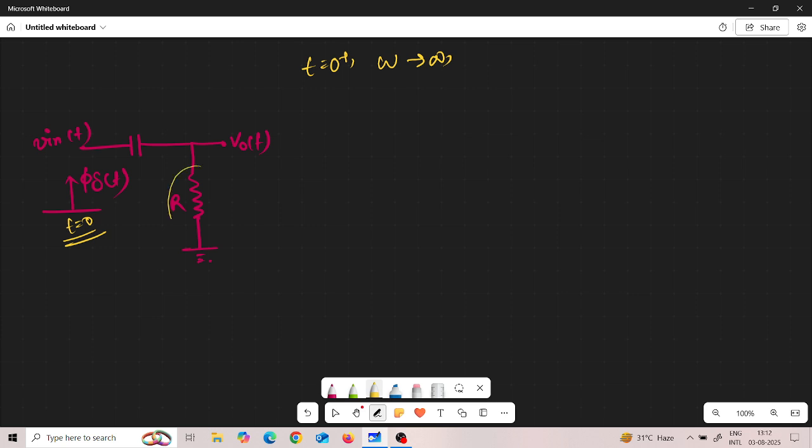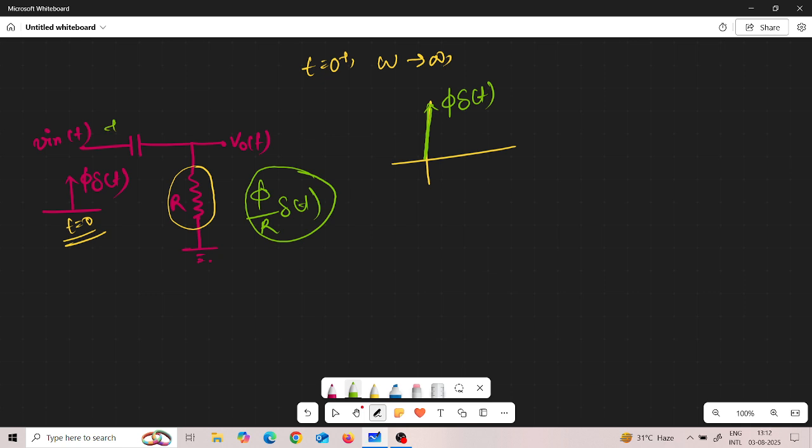So the total voltage will appear across the resistor. Initially this high amount of voltage, the impulse of voltage Φδ(t), will appear across the resistor. Then the resistor will generate a current. What is the value of the current here? Φ by R δ(t). This current will charge the capacitor instantaneously, as it is an impulse of current. Suppose this is the polarity of the voltage of the capacitor.